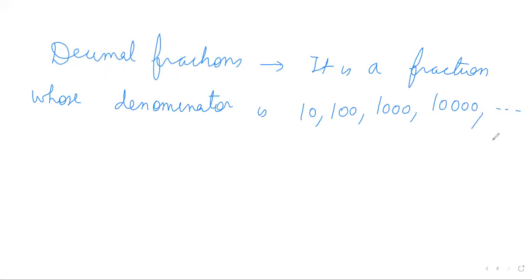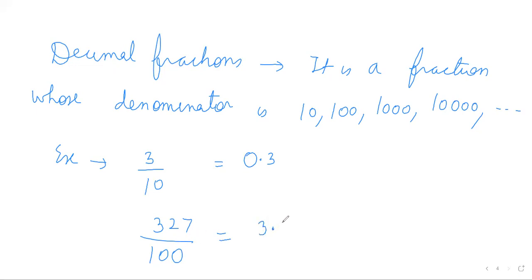For example, 3 upon 10 is 0.3. This is a decimal fraction. Like you can have 327 upon 100. This is again a decimal fraction. If I change it into a decimal number, it is 3.27. So a decimal fraction means its denominator is a multiple of 10.